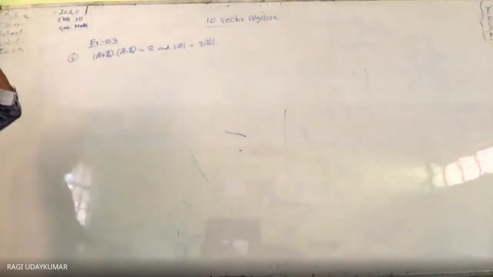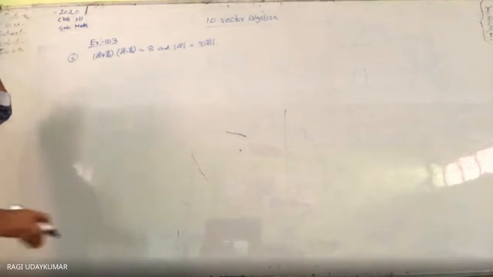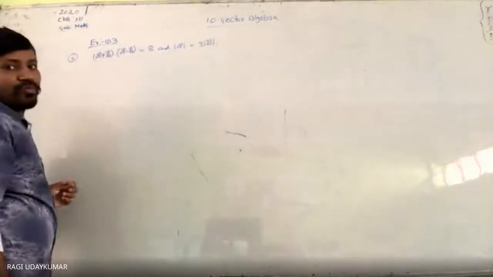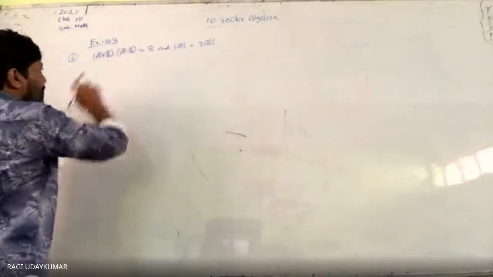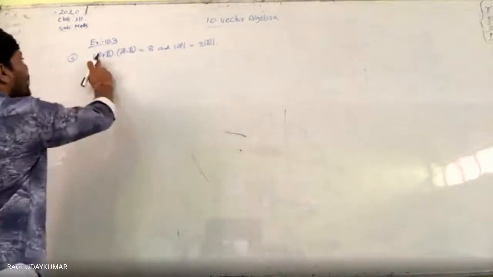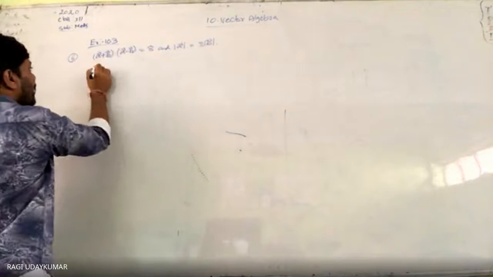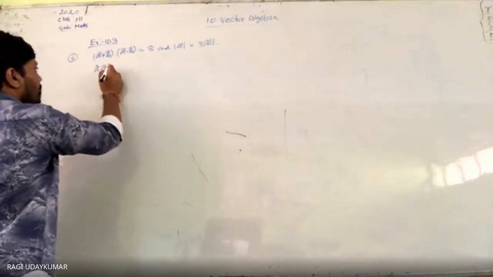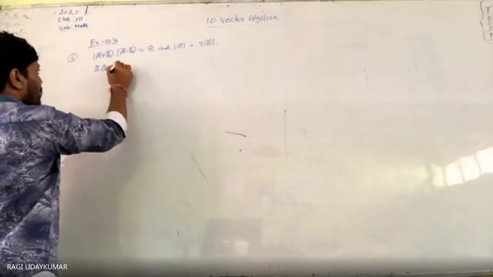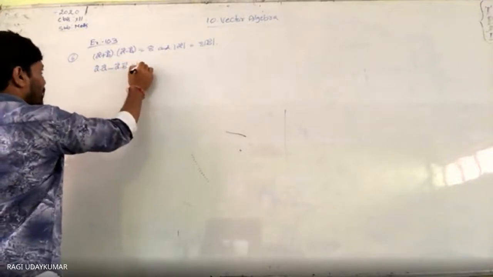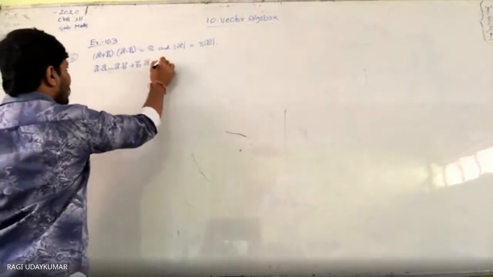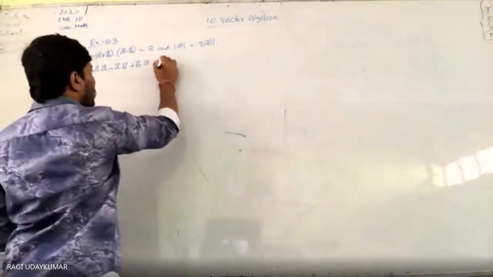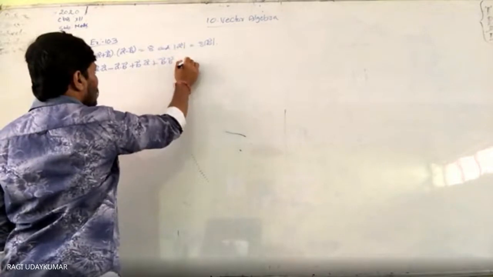Magnitude of A bar and magnitude of B bar need to be found. So what you can do here, when the dot product of these two vectors is given to you, is multiply normally: A bar dot A bar minus A bar dot B bar plus B bar dot A bar minus B bar dot B bar is equal to 8.